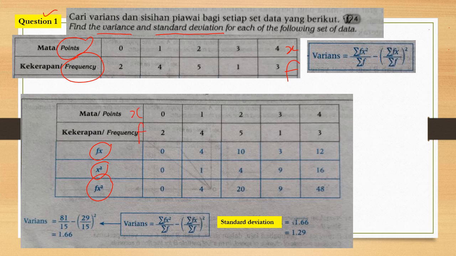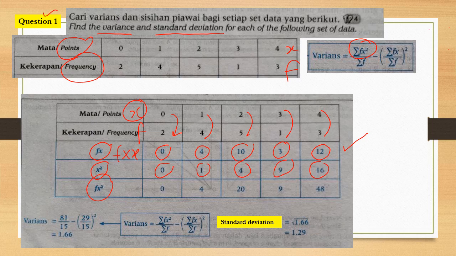So fx means f times x. Next, you need x square first. Your x, you square it. So 0 becomes 0, 1, 2 times 2 is 4, 3 square is 9, 4 square is 16.